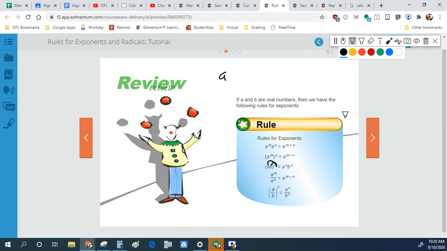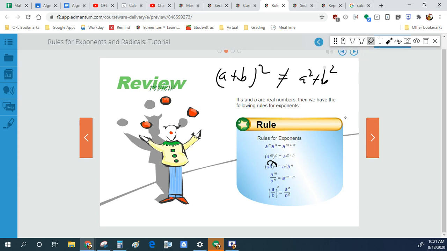This is different than if we had something like this. You do not distribute this. Let me make this a 2. This is not the same as this.